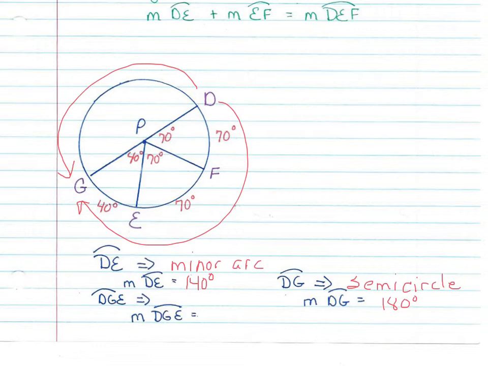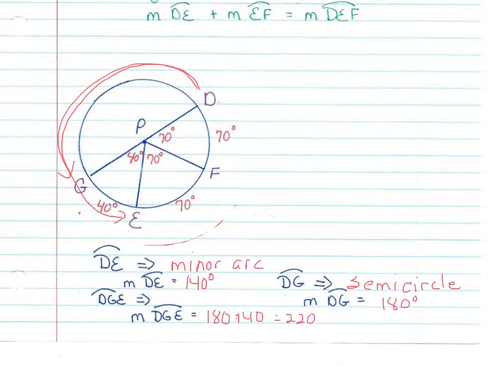So if we're looking at arc DGE, that means we're going this way. 180 plus 40 is 220. And what kind of arc would we call that? Major. It's a major arc. So it does make a difference. If you've got a middle letter, that's going to be the second. You start at D, you go to G, and then you end up at E. So that tells us that we have a major arc.